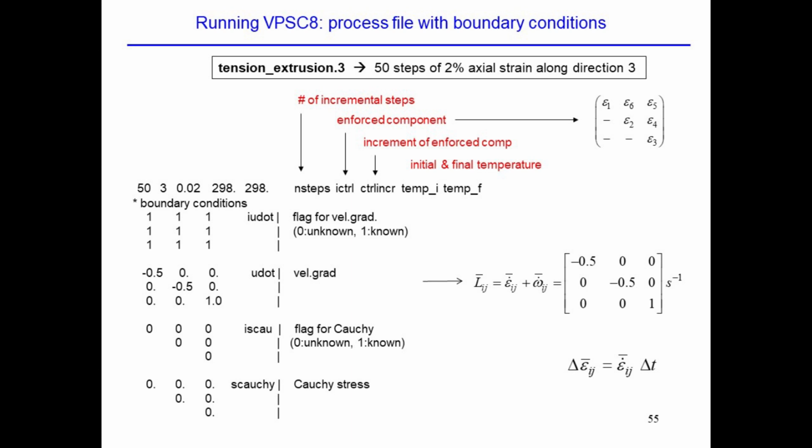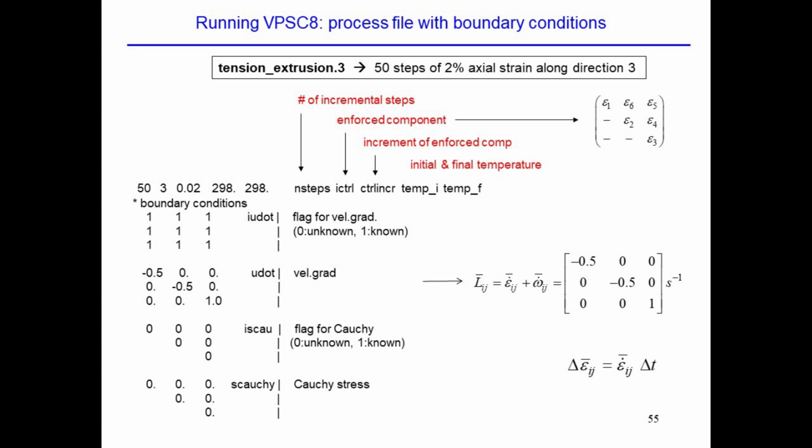In this case, all the components of the velocity gradient are fixed, and that is what this label or tag indicates, that each of them refers to each of these components of the velocity gradient, and all of them, the one is that the component is imposed, all of them are imposed, and of course then the Cauchy stresses are unknown. The Cauchy stresses are going to be a consequence of imposing those strain rate components, and that's why the label for the Cauchy stresses are all zeros.